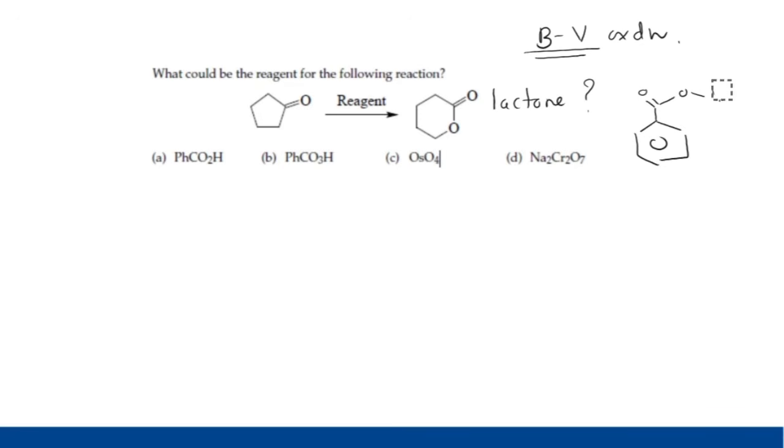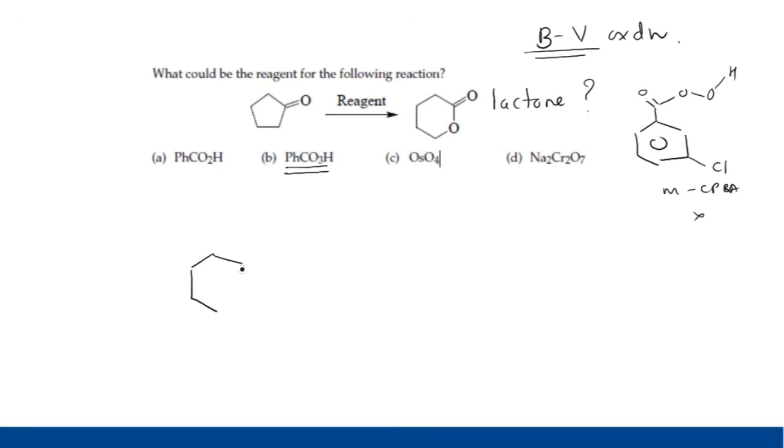If we introduce one more oxygen, you're going to form a peroxide bond here. That's why we call this perbenzoic acid. And specifically, if we use metachloroperbenzoic acid, then we call this MCPBA. Do we have MCPBA in the options? We don't have, but we do have a perbenzoic acid.